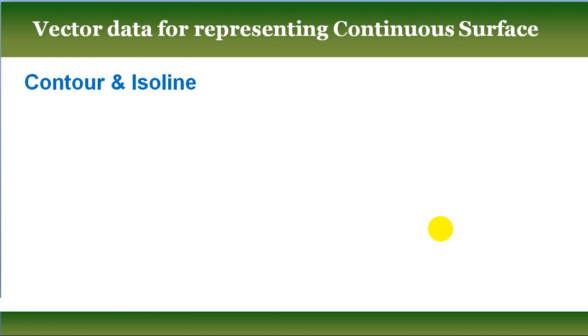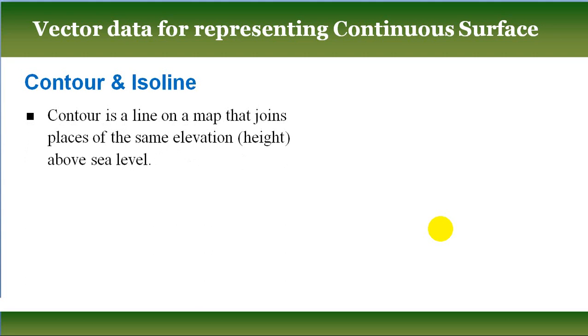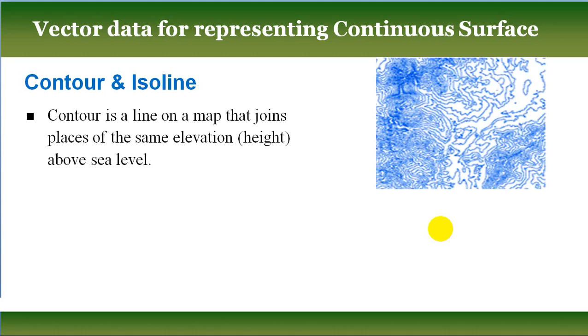Then we can also use contours and isolines for representing continuous geographical phenomena. You all know a contour is a line on a map that joins places of the same elevation, height above sea level. Something like this is a contour for a particular region, where every imaginary line joins equal elevation values.